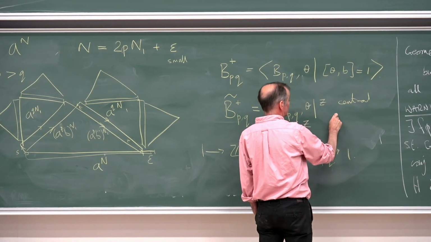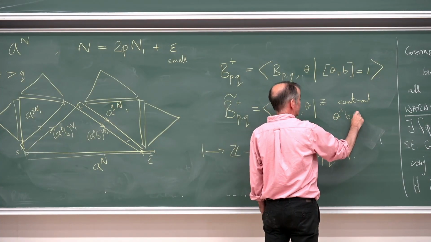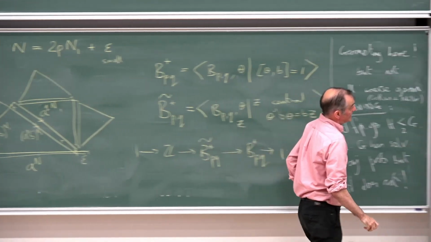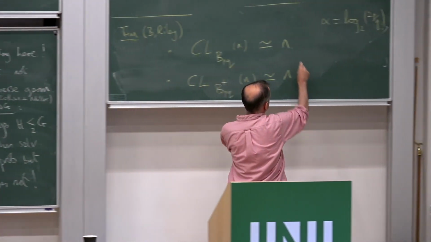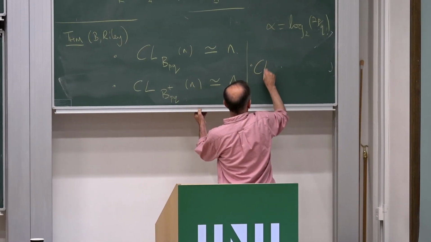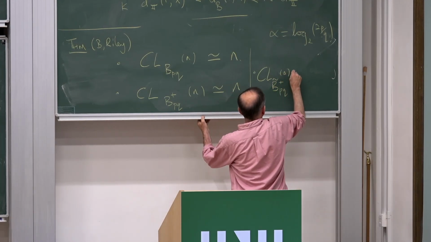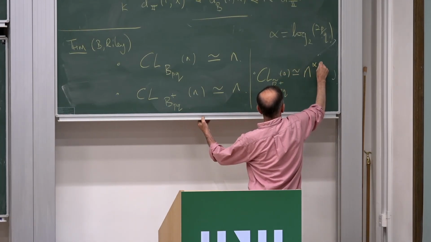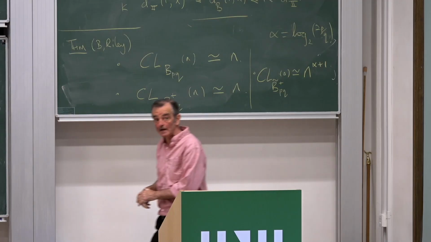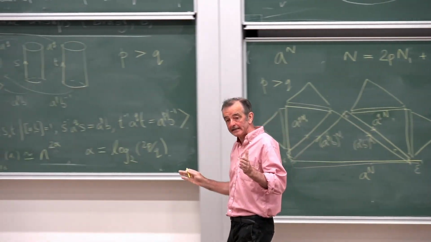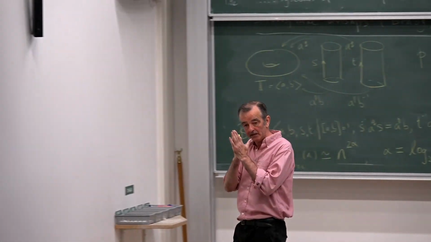And I replace this relation by theta conjugates b to bz. And thank God we've finally got something interesting. The conjugator length function of that group is n to the alpha plus 1. So that gives us a dense set of exponents of conjugator length functions.